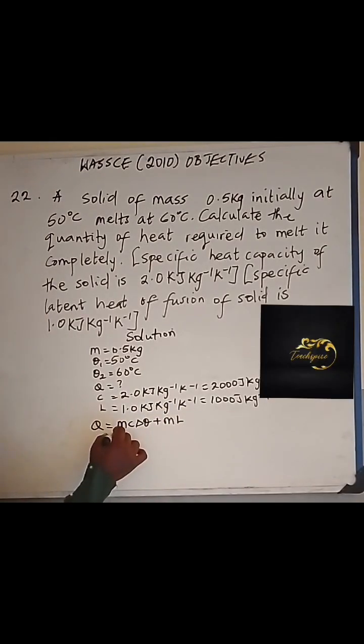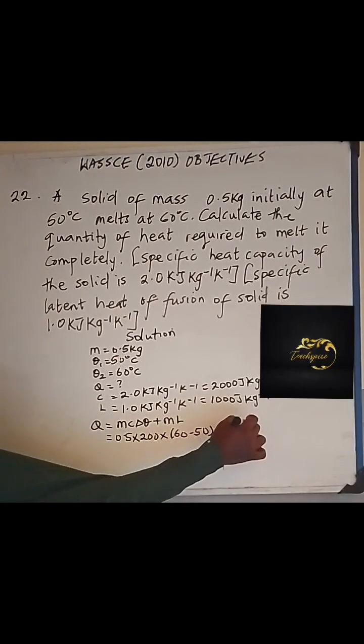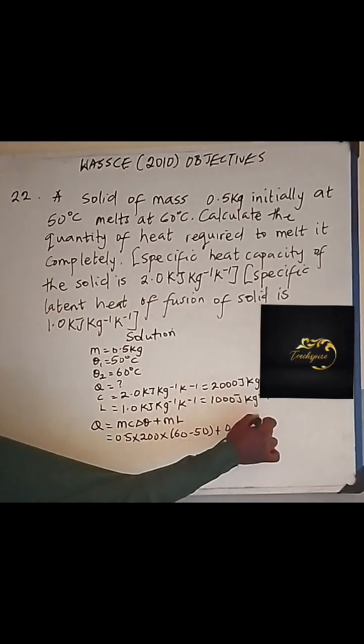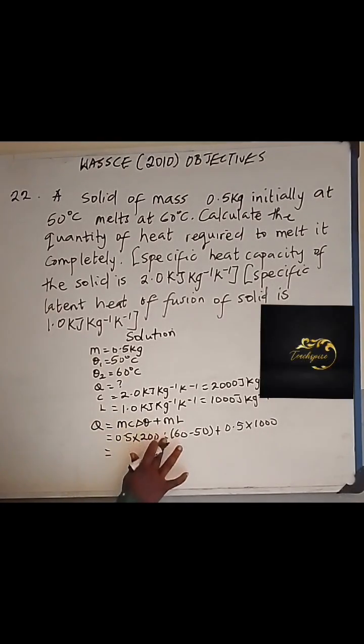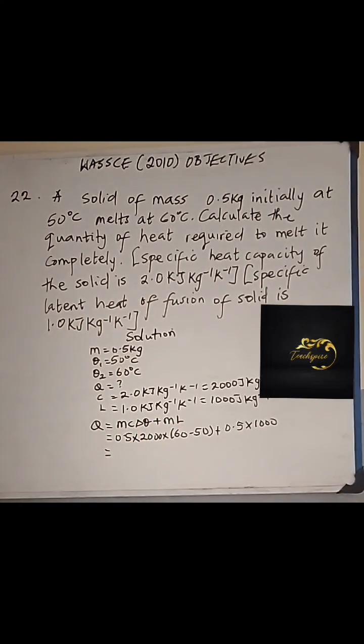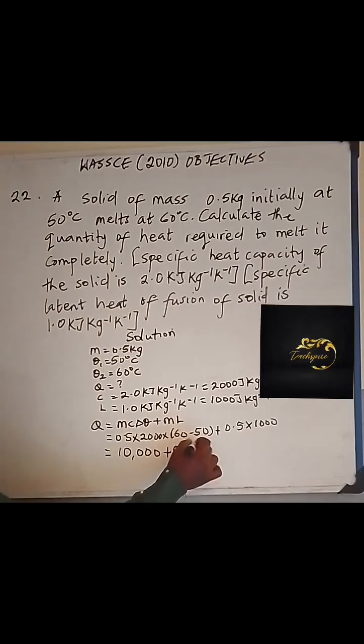Now, since we are dealing with both specific heat capacity and latent heat, our Q is going to be the addition of your specific heat capacity term and your latent heat term. So that's going to give us 0.5 multiplied by 2000 multiplied by 60 minus 50, plus 0.5 multiplied by 1000. 0.5 multiplied by 2000 is going to give me 1000, multiplied by 60 minus 50, which is 10. So I'm going to have 10,000 here plus 0.5 multiplied by 1000, which is 500.